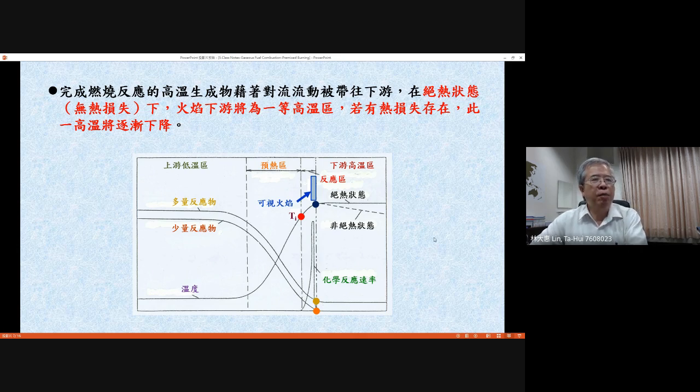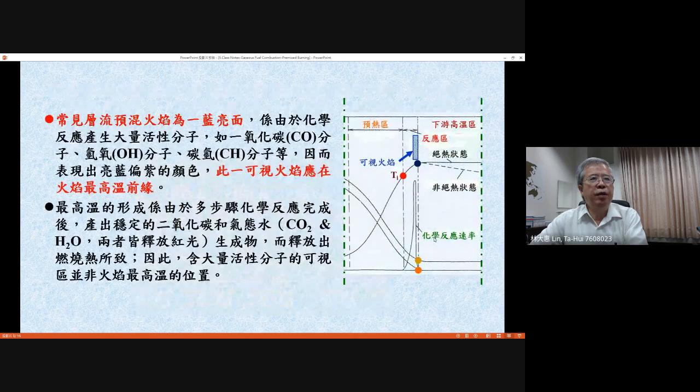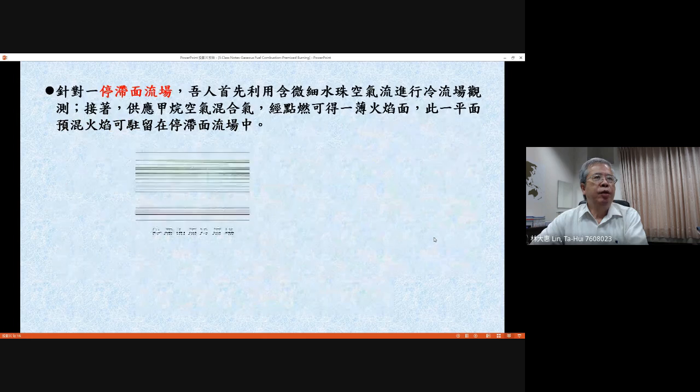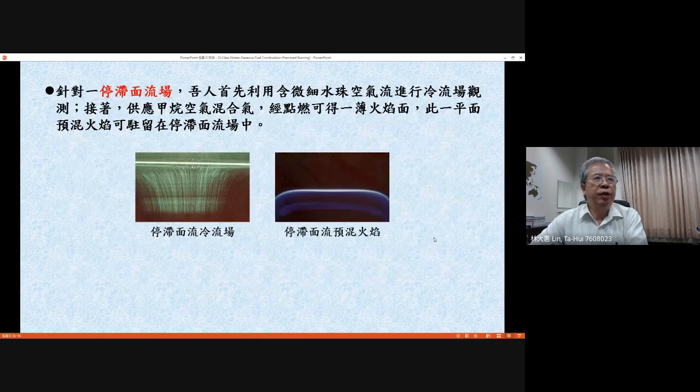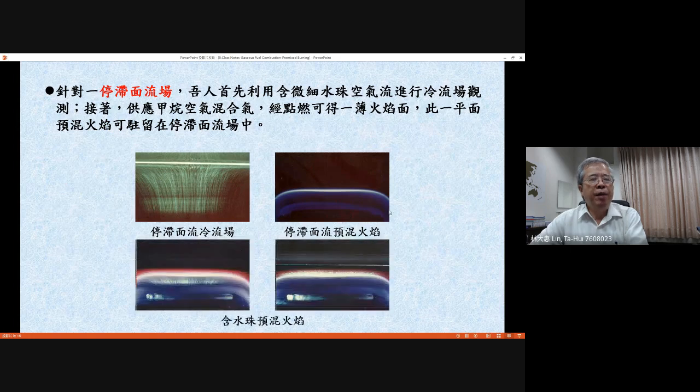I just described it, and I emphasize from the experiment that you will find this when you observe the different kinds of flames, including the diffusion flame or premixed flame. I mentioned if you look at a flame with the yellow color, it represents a high concentration of carbon radicals or carbon particles.